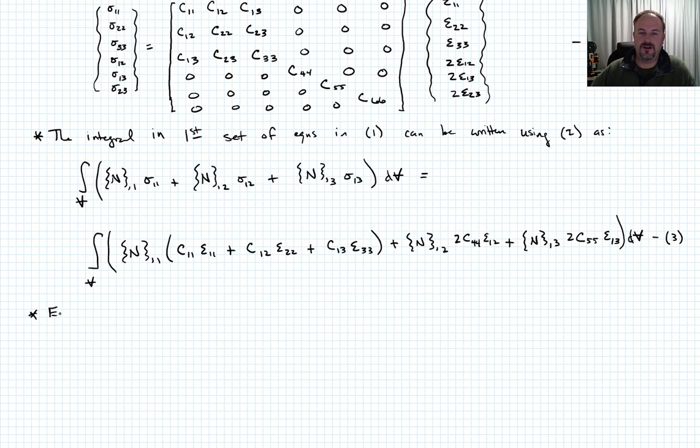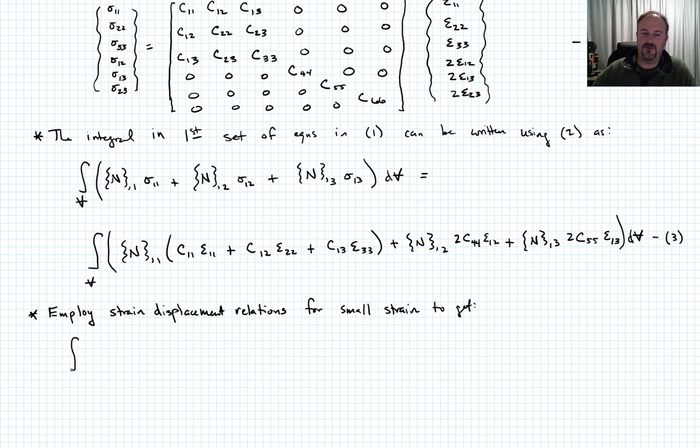So employ the strain-displacement relations for small strain to get the following. Okay, I'm not going to write out that horrible integral again. I'm just going to say that's the integral of the quantity that's inside from above, is going to be equal to, and I'll go below so I can have room to write, integral of the volume. That first term doesn't change.